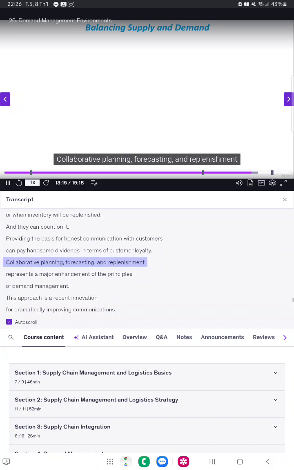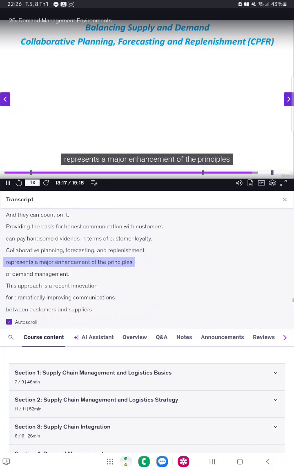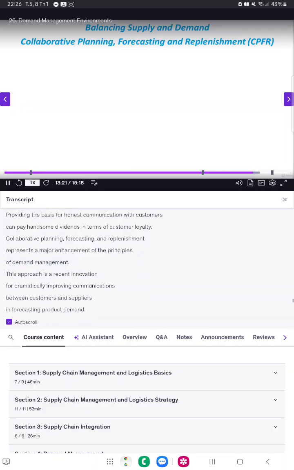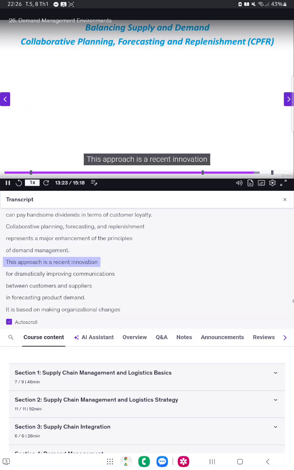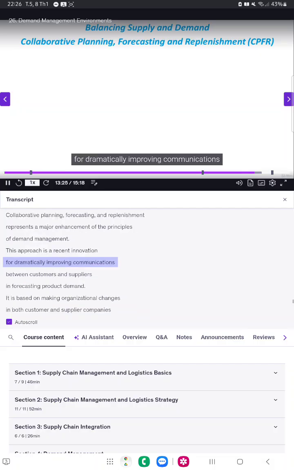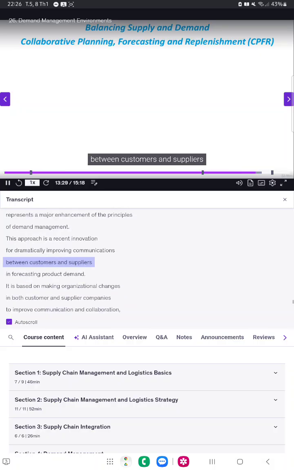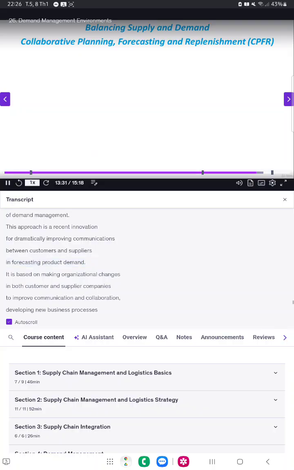Collaborative planning, forecasting, and replenishment represents a major enhancement of the principles of demand management. This approach is a recent innovation for dramatically improving communications between customers and suppliers in forecasting product demand.